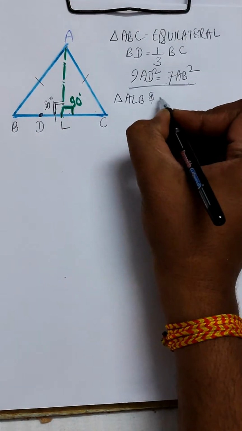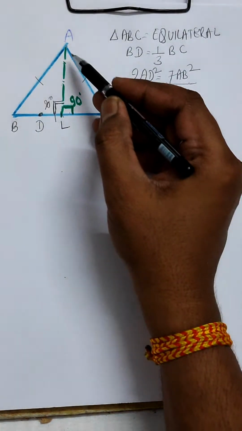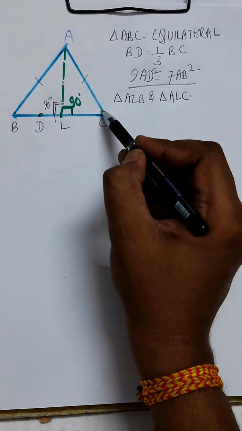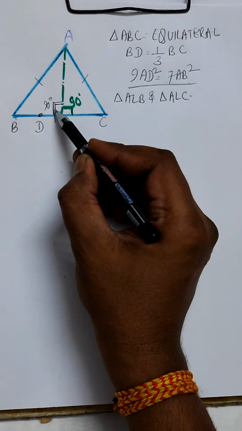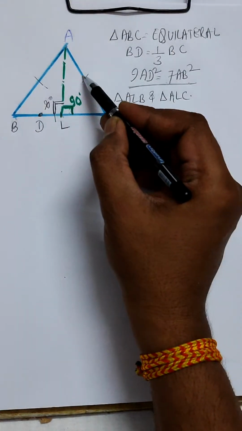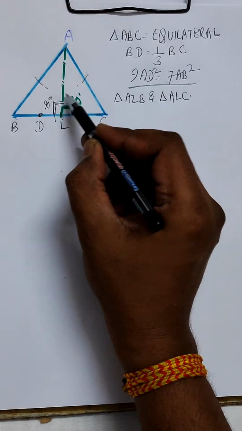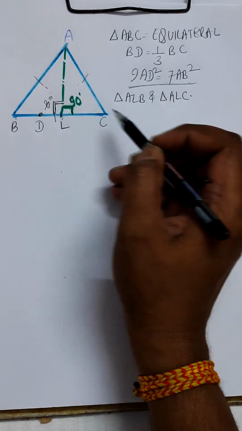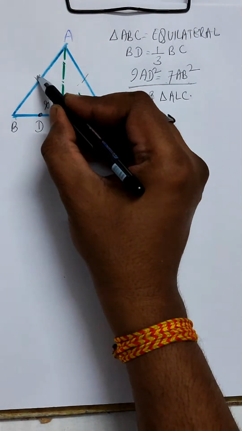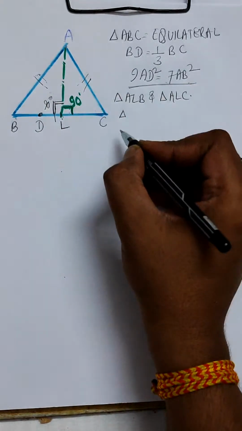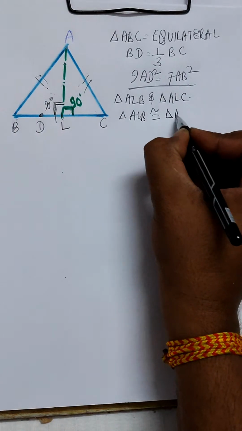Now we can see in triangle ALB and triangle ALC, each of the angles is 90 degrees in both the triangles, AB equal to AC, and AL is the common side. Then we can say both of these triangles are congruent. By this congruency, triangle ALB is congruent to triangle ALC.